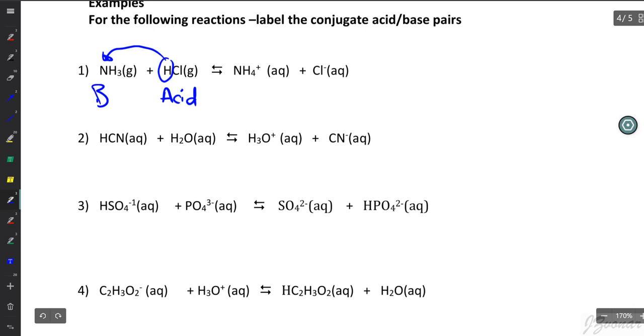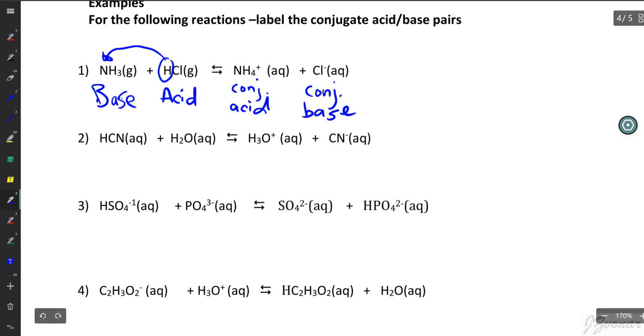Therefore the one that's accepting, by definition of Bronsted-Lowry, is my base. Over on this side likewise, this would be then my conjugate acid, because in the reverse reaction it would give up or donate the proton, and hence this one would be accepting it. So therefore this is my conjugate base.